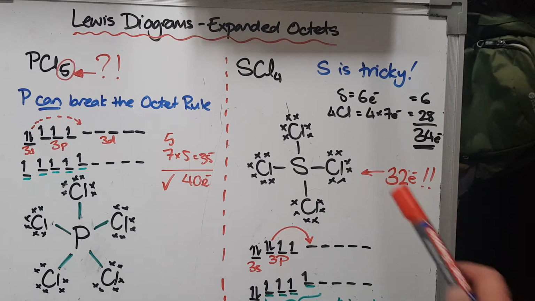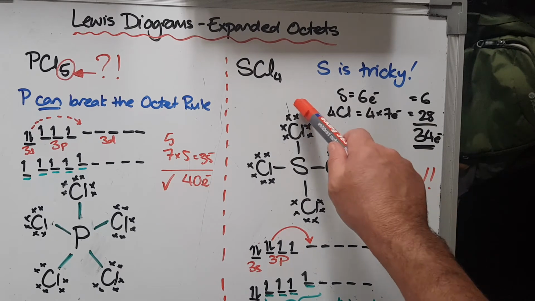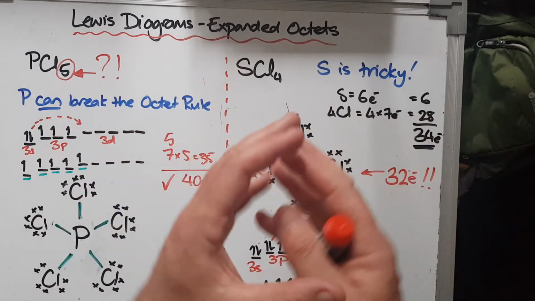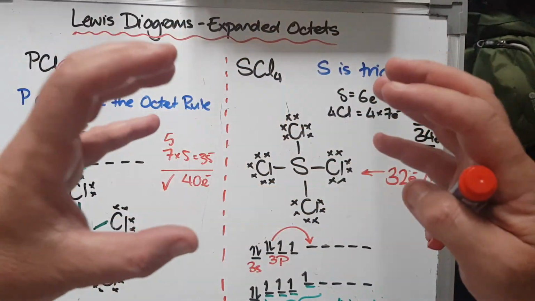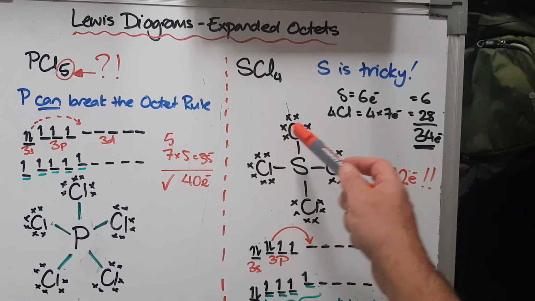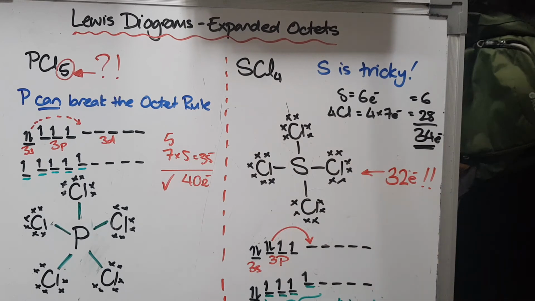I then use lone pairs to make each chlorine obey the octet rule. Because it's on the outside, it's not the central atom, it's going to have to obey the octet rule. So therefore, I add up all my electrons and I get to 32. 32 is not enough. So I've got 2 more electrons to go.